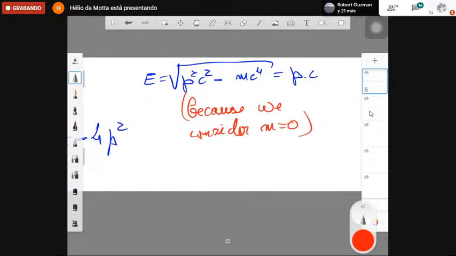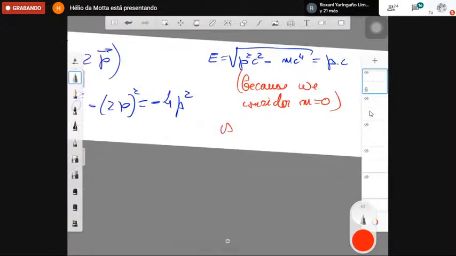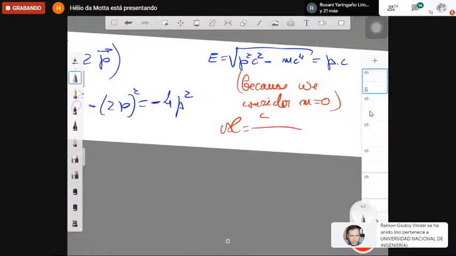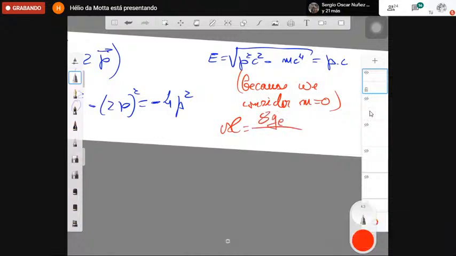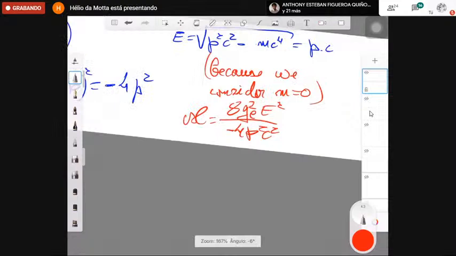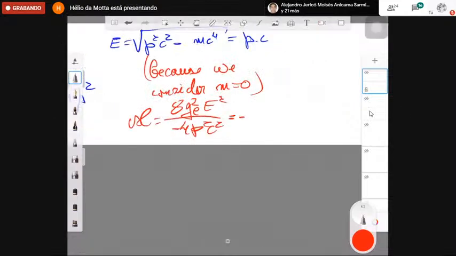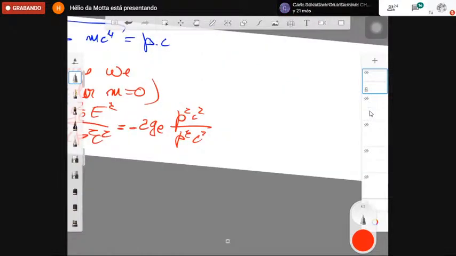So, replacing there, we have the M is equal to 8 GE squared E2 minus 4 P2 C2, equal to minus 2 GE, P2 C2 over P2 C2, what gives the result that the amplitude we're looking for is minus 2 GE squared.